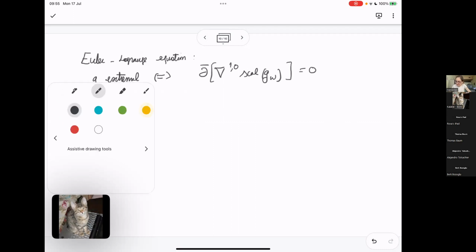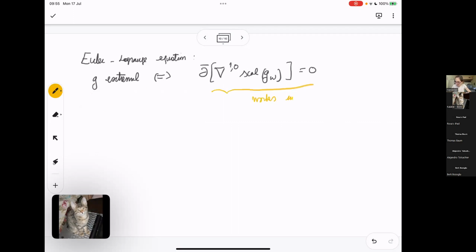One of the reasons why I want to say this is that this definition works in the non-compact setting. So a metric satisfying this is called an extremal metric when the manifold is non-compact. And you see straight out that a constant scalar curvature Kähler metric is extremal, because if the scalar curvature is constant, then this vector field is 0. And so, of course, it's holomorphic.